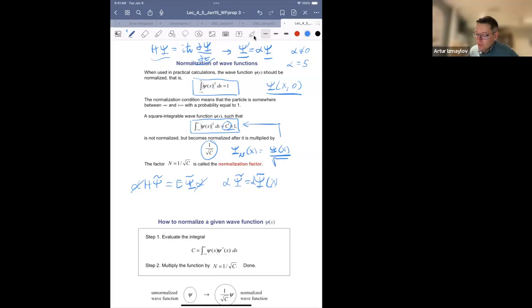You can divide it by the square root of C, this constant. And then the new function, if you put it in the integral from minus infinity to plus infinity, dx, that will give you 1.